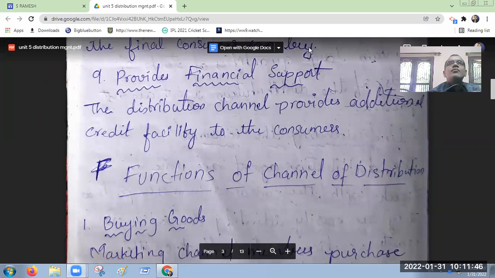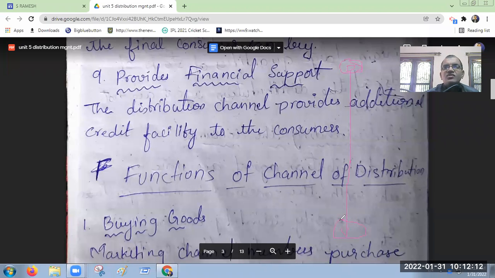Provides financial support. See, I am mentioning time and again, the producer is situated in a remote area, whereas the villager is situated in a remote area. There is no direct contact between the ultimate consumer, that is the villager, and the manufacturer. See what is happening?